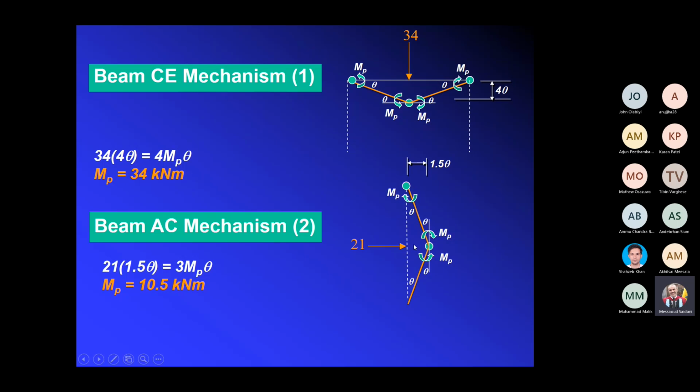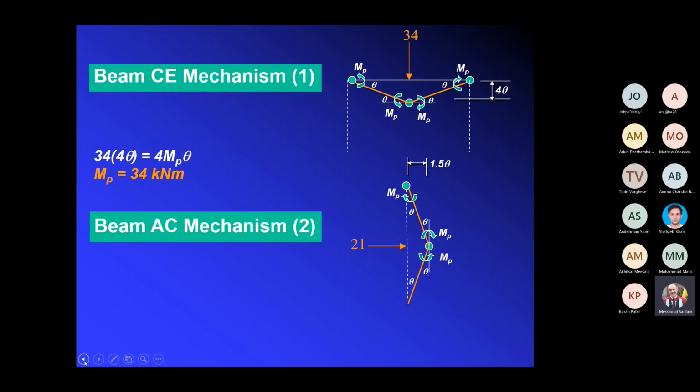So we have 21 times 1.5 theta equals MP theta plus MP theta plus MP theta, that's 3 MP theta. Then you cancel theta from both sides, and MP will be 21 times 1.5 divided by 3, which gives 10.5 kilonewton meters. So the second mechanism, the beam AC mechanism, gives MP equals 10.5 kilonewton meters.